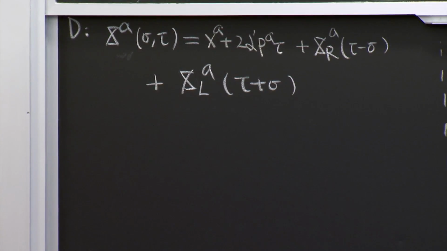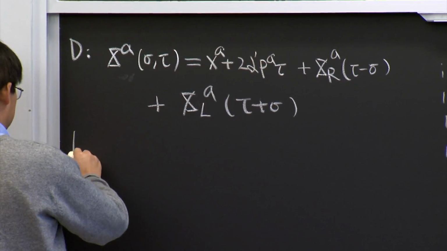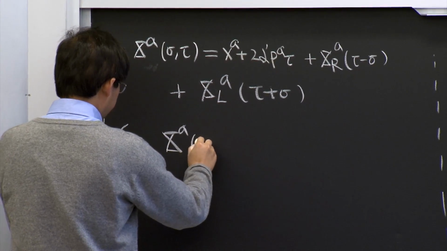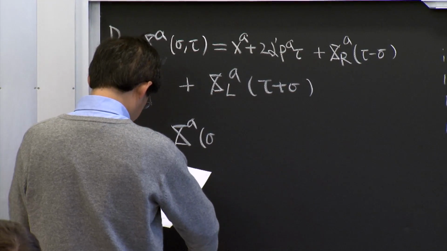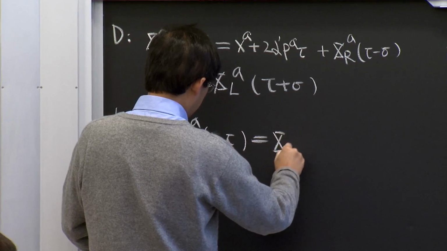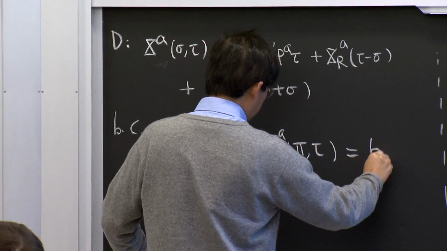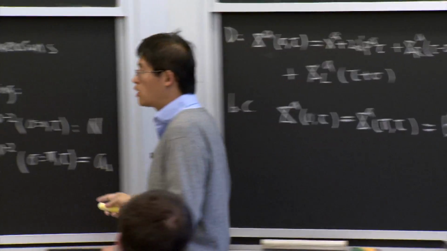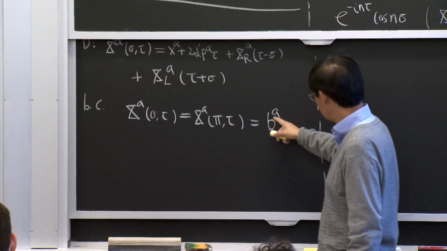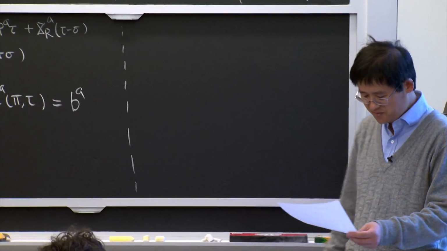But now the boundary condition we need to impose is X^A at sigma equal to 0 and sigma equal to pi, for all tau, equal to b^A. Here I called them A, but let me call them b, because it's awkward to write A as the index A. So let me call them the vector b.